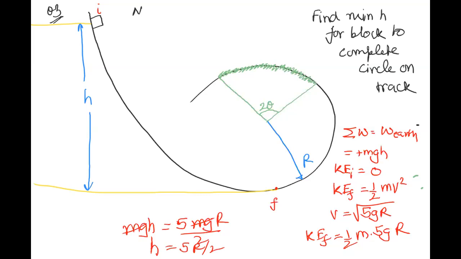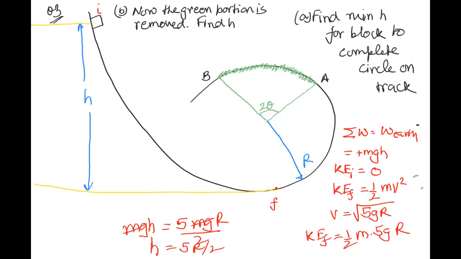So second part. Now the green portion is removed. Okay, let this be point A, let this be point B. Find H so that block completes.